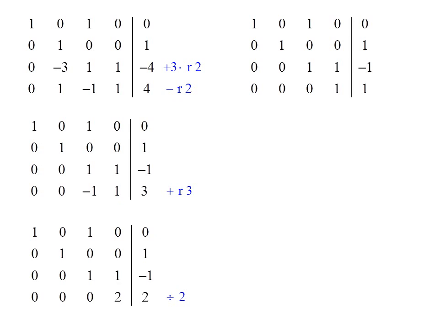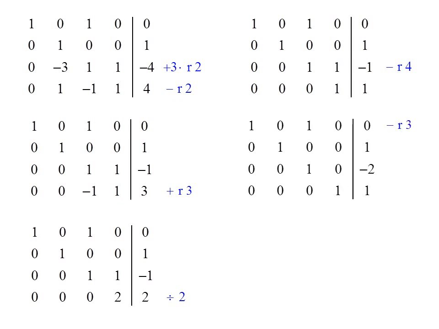Now we want to clean it up a little more. We can subtract row 4 there. And subtract row 3 from the top row. And we have our diagonal row of 1s and everything else is 0.